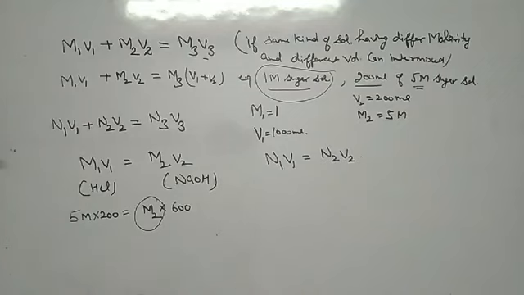And how do we find the gram equivalent? By dividing the molar mass of the solute by its acidity or basicity. Is it clear? So you may say that normality is equal to molarity into acidity or basicity.